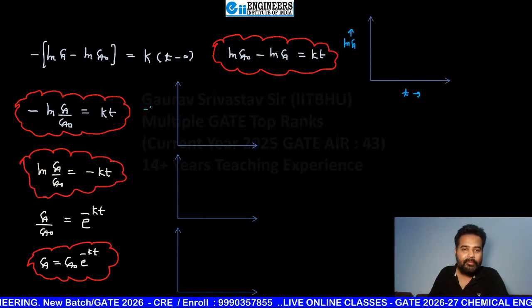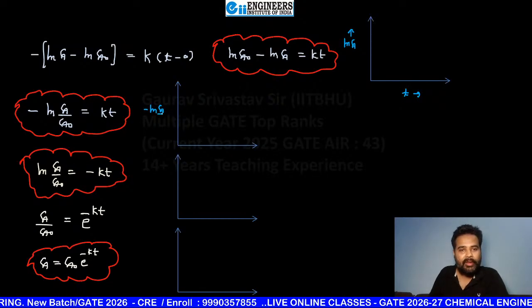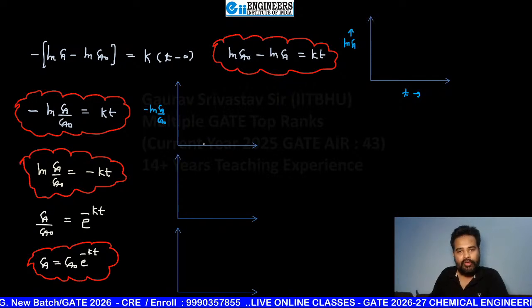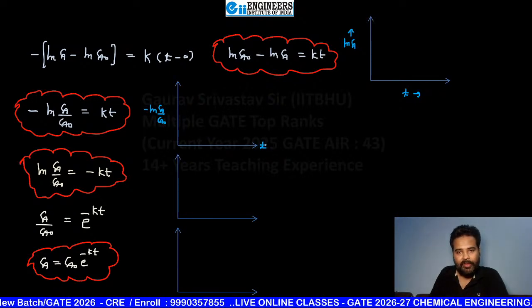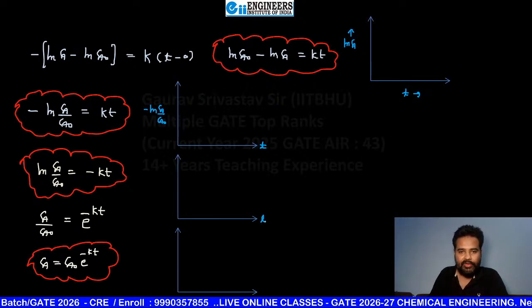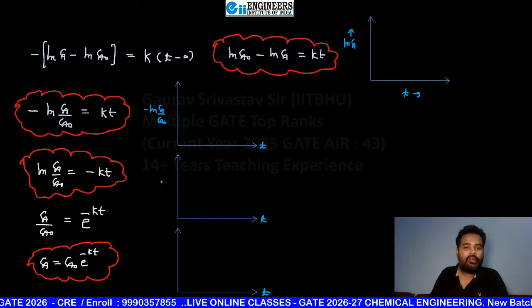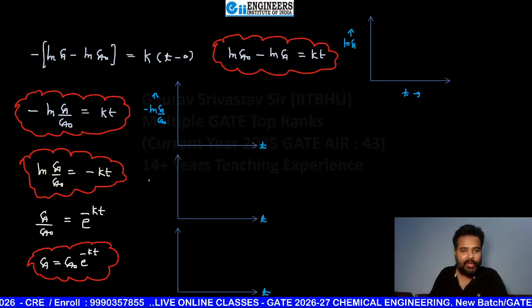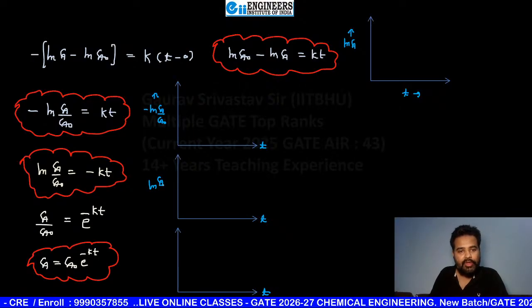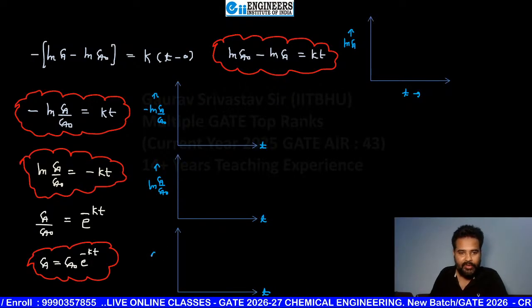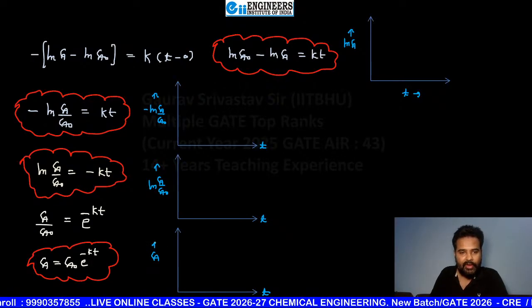Here minus ln of Ca by Ca naught versus time t. Here also versus time t. Here also versus time t. So here on this side you have to take ln of Ca by Ca naught versus t. Here you have to write Ca versus time t.